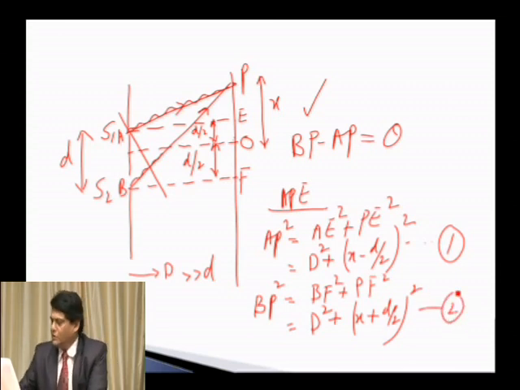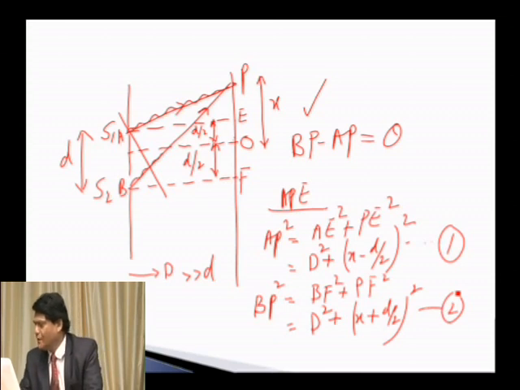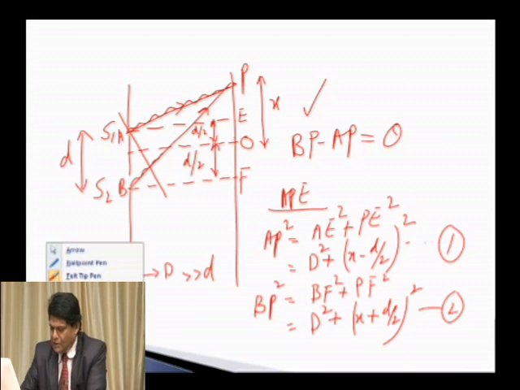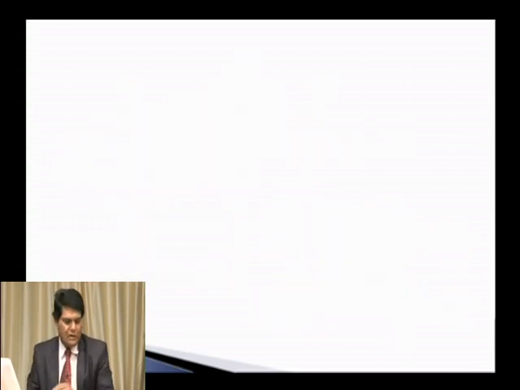Now, expanding these using the a plus b whole square formula and the a minus b whole square formula, and adding up these two, let us see the result.